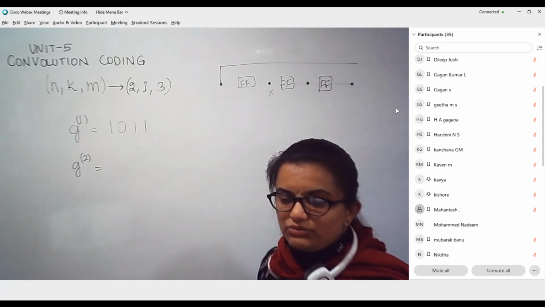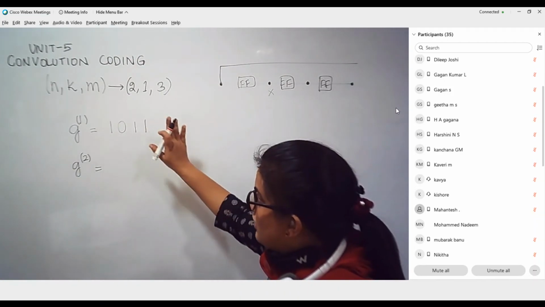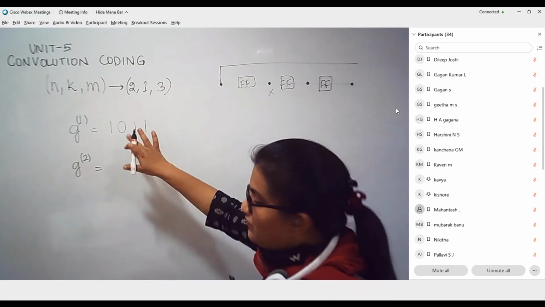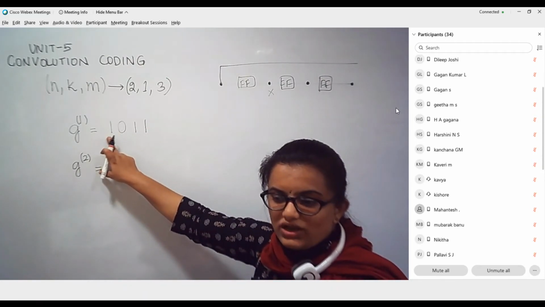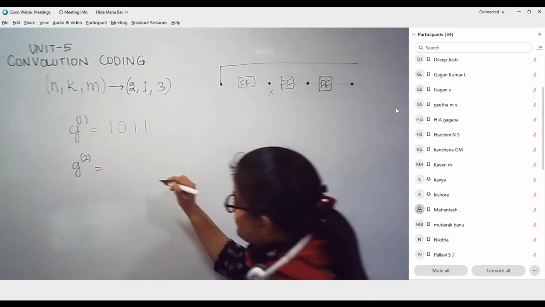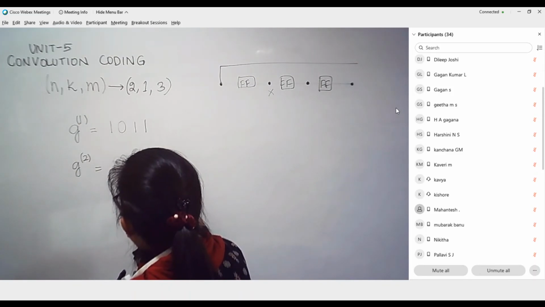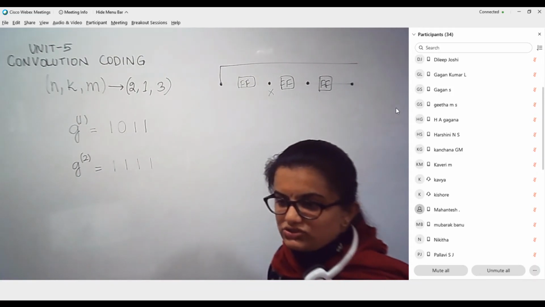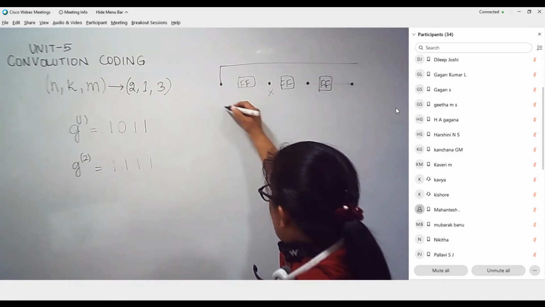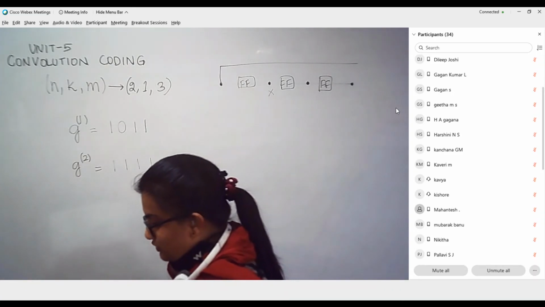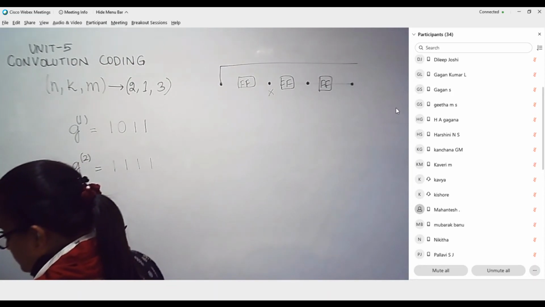So the generator vector for the first modulo 2 adder looks like this: 1 0 1 1. For the bottom modulo 2 adder, it is all ones, because including the input, all the 3 checkpoints are also considered. So this is written as 1 1 1.